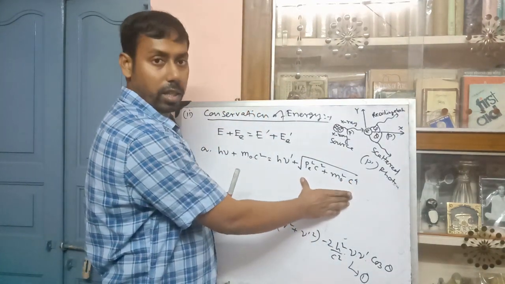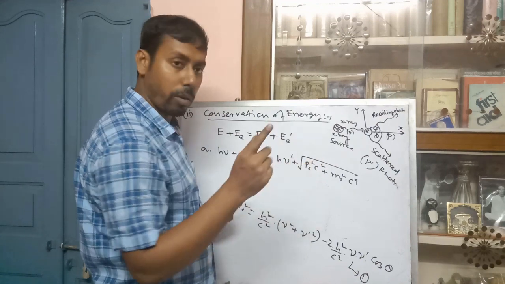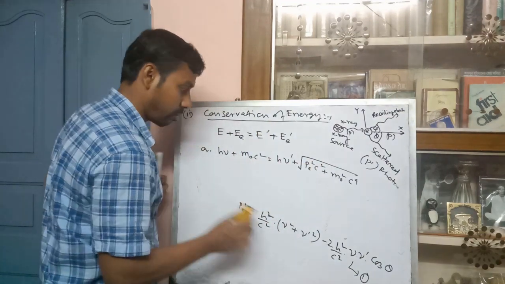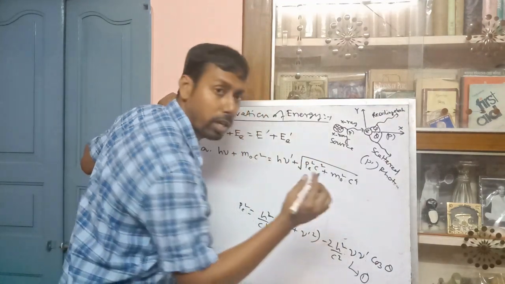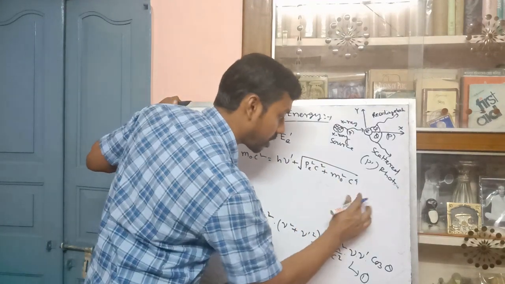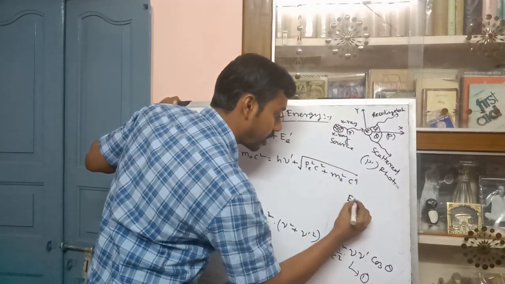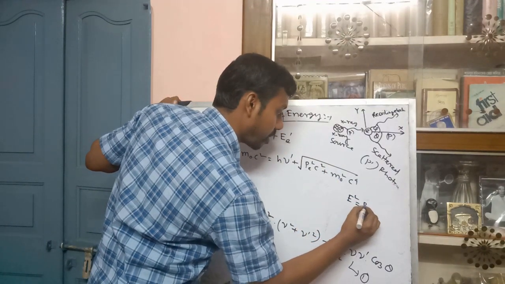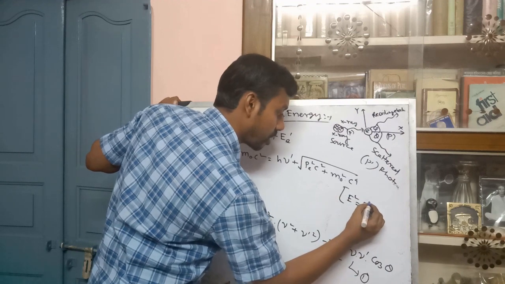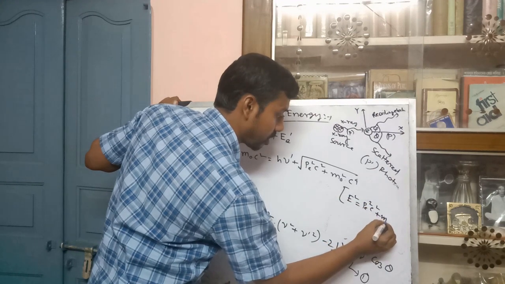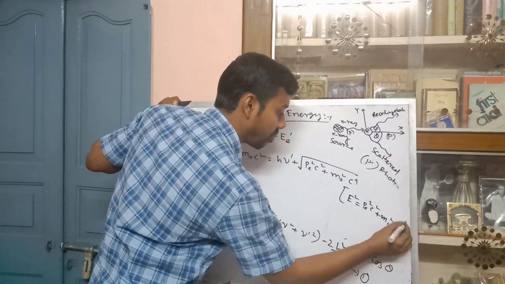If you are not understanding this portion, you can write in the comment section and I will explain it. We are getting this equation from Einstein's relativity theory, that E square is equal to P square c square plus m0 square c to the 4.